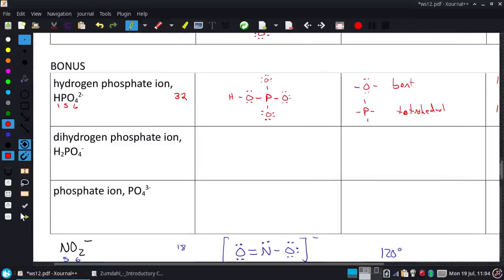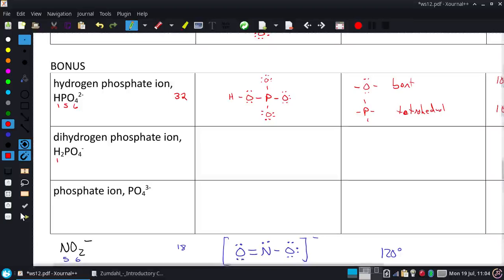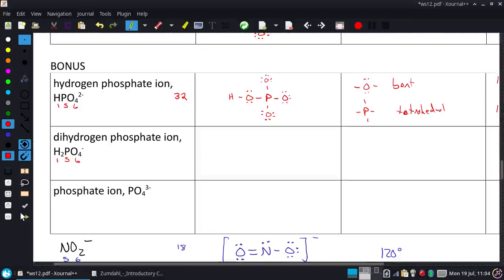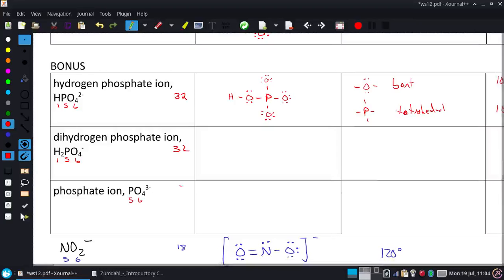Now what's kind of interesting, these guys aren't really adding too much to it, because when you total up your electrons here, you'll see this is still 32, and same here, 32.